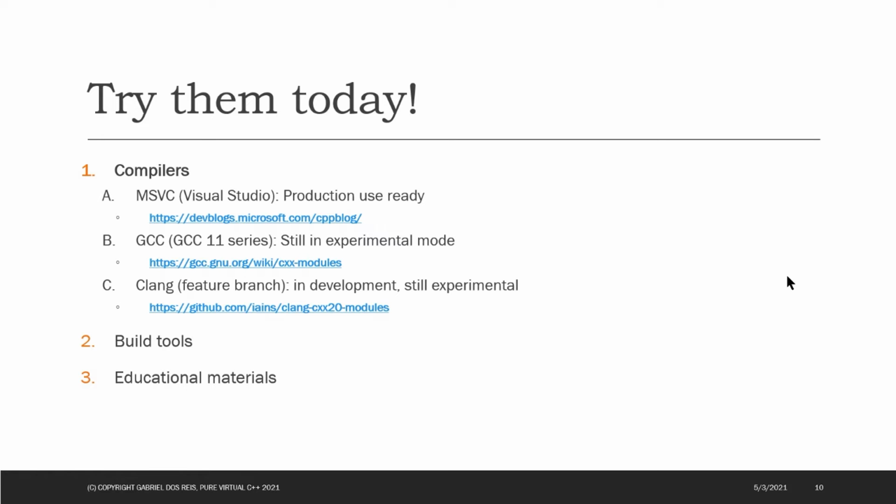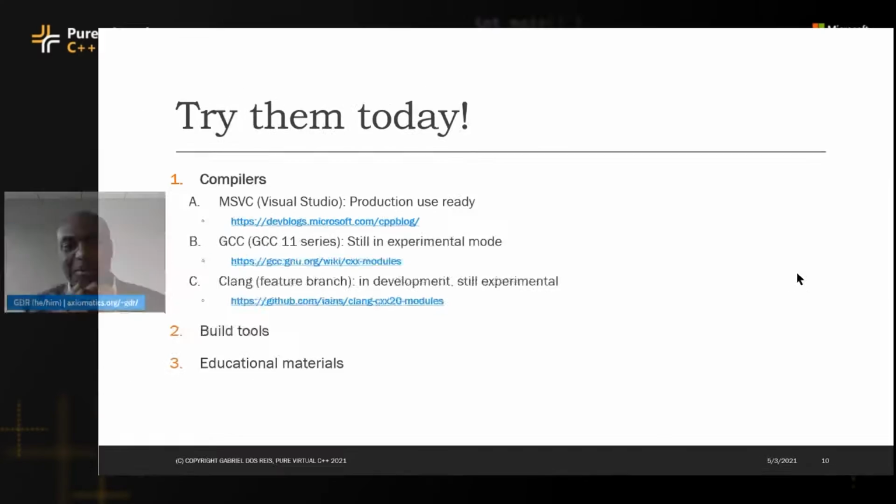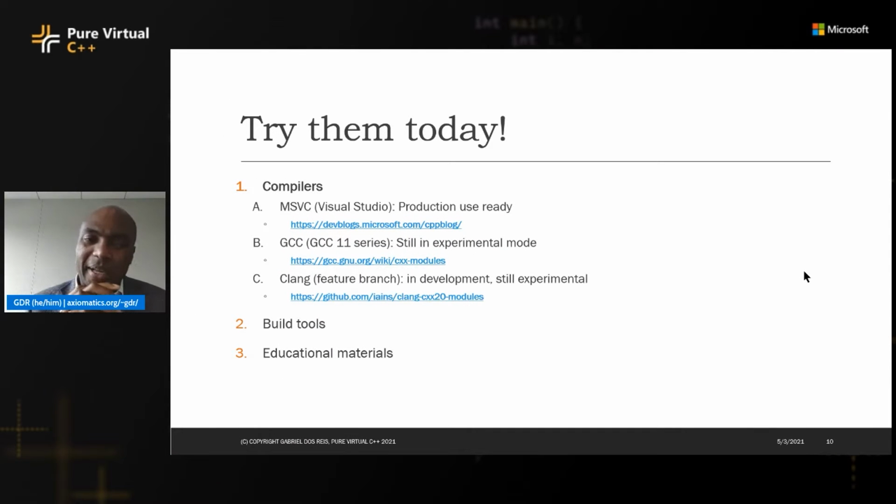And then for Clang, there is a branch of Clang that contains an active development of this feature that is already in C++20. Just like GCC, it is also experimental. You can check the source code out from Ian Sando's GitHub page and build and enjoy modules. I really encourage you to try modules in these three compilers to get a sense of it, to get prepared.